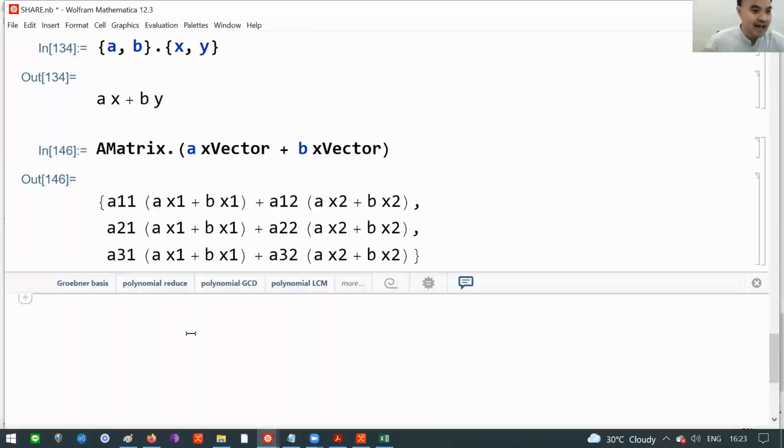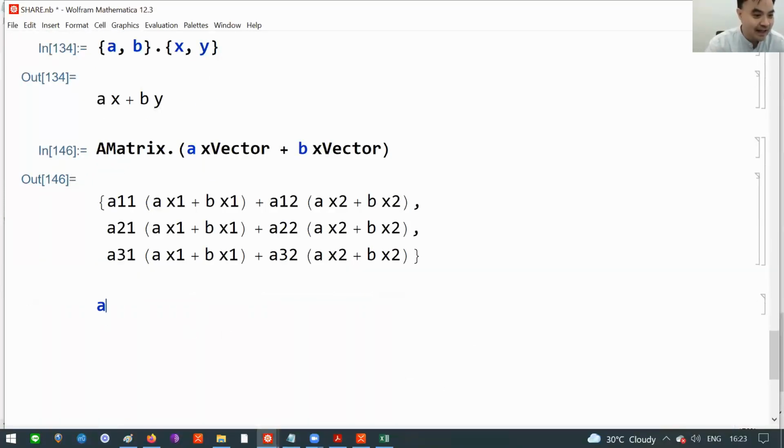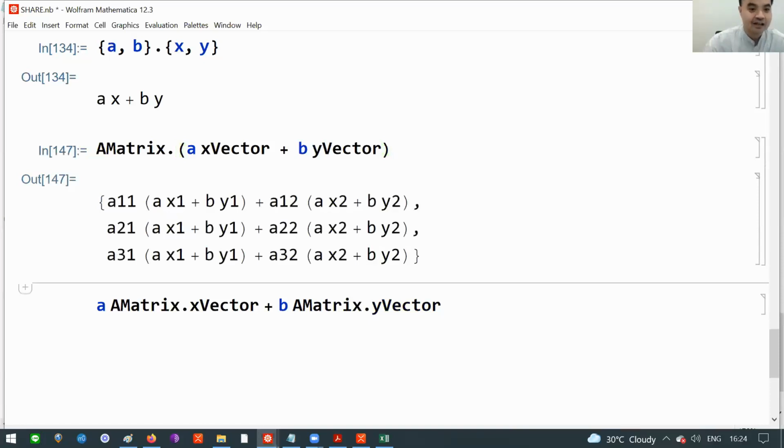Is it the same thing as a times the matrix dot x vector plus b times the matrix dot y vector? Sorry, this has to be y.